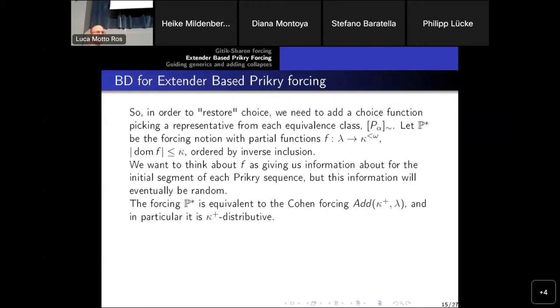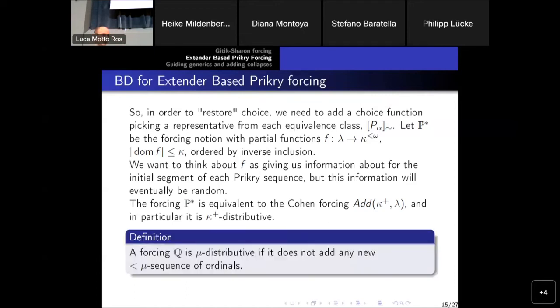But I'm using a quite simple forcing notion, just one that is well understood. It is kappa-plus-distributive forcing, which means that it does not add any sequences of ordinals of size kappa or less.